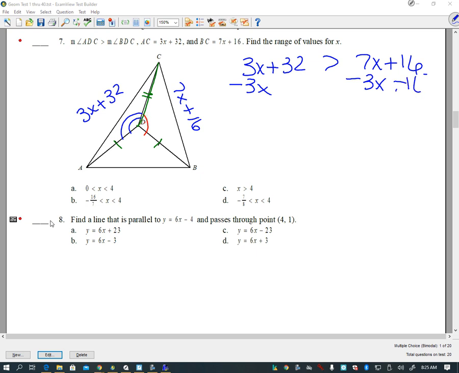Okay, subtract 16 from both sides. So what's 32 minus 16? So 16 is greater than what? 4x. Can that reduce? Yeah, divide by 4 on both sides. So 4 is greater than x, or x is less than 4.